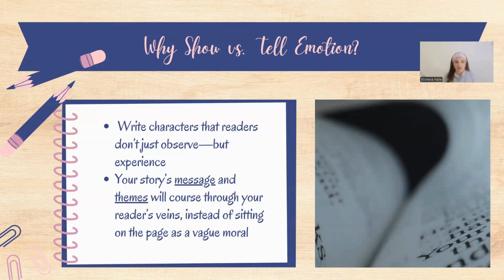And I think specifically for emotions, showing is much more powerful than telling, even though there is definitely still a place for sometimes telling in terms of emotion. For the most part, the character's emotions are something that you need to show.